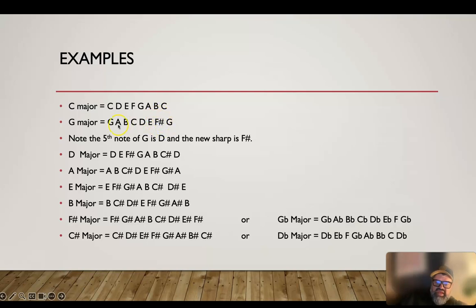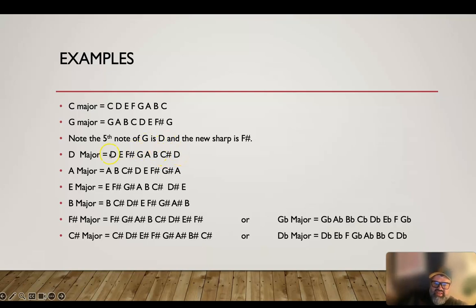And the 5th note of that scale is D. So our next scale will be D major. That will have the F sharp in it, plus 1 new sharp, which will appear on the 7th note of the scale. And to confirm that, if you're not sure: D, tone to E, tone to F sharp, semitone to G, tone to A, tone to B, tone to C sharp, semitone back to D.